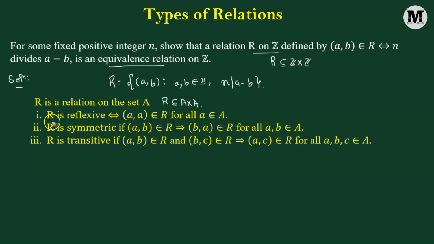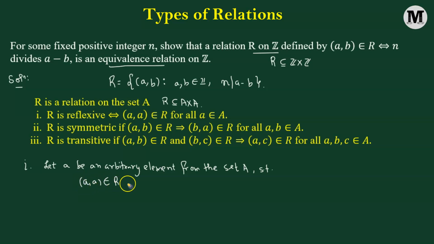So let's start with the first one: R is reflexive. Here we are going to consider an arbitrary element a taken from the set A, and we want the ordered pair (a, a) to belong to the relation R. Now we're going to use the definition. R is given by the ordered pairs (a, b) such that n divides a minus b, where n is some fixed positive integer.